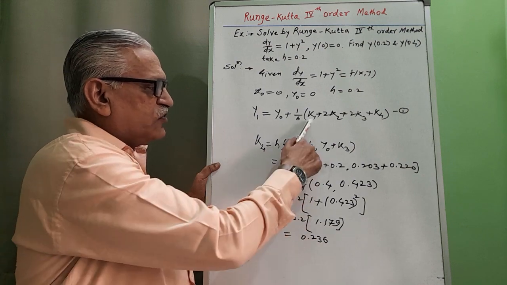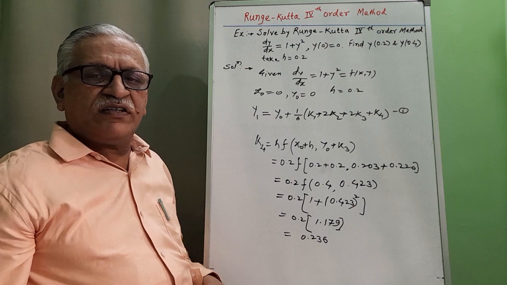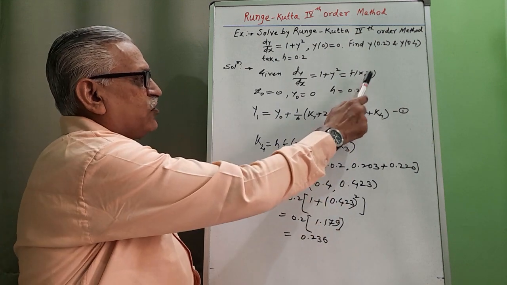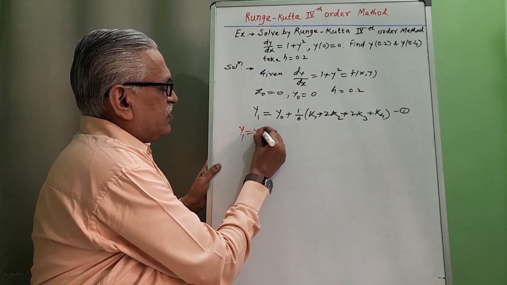Then substituting all these values here in this equation number 1 to get the y at 0.4. y1 is nothing but y at x1.